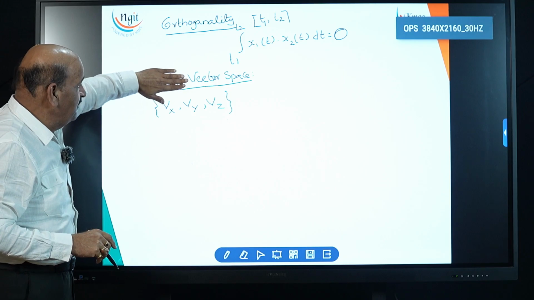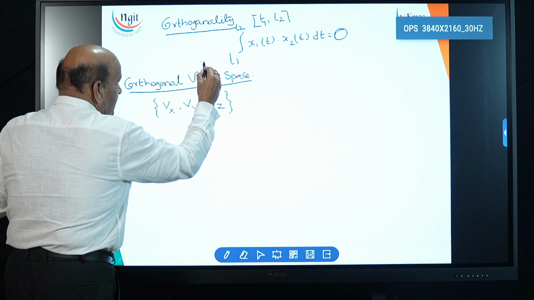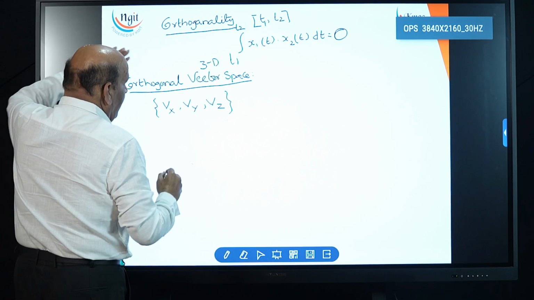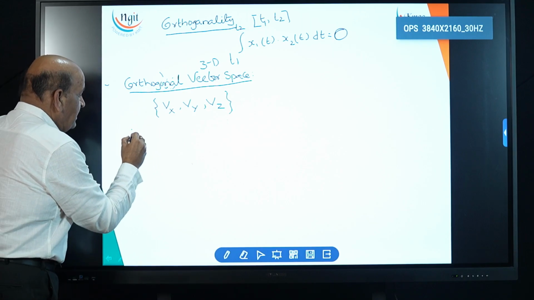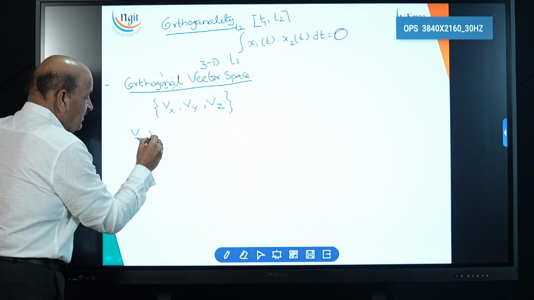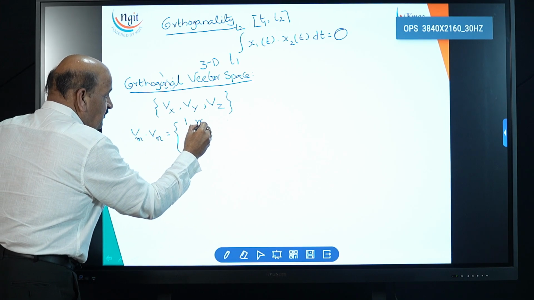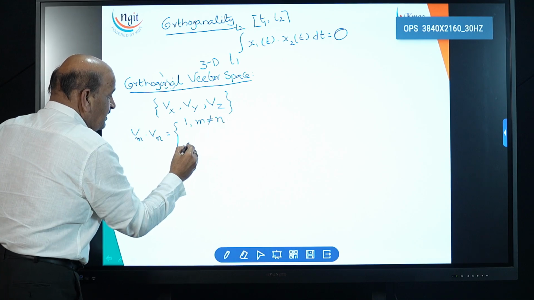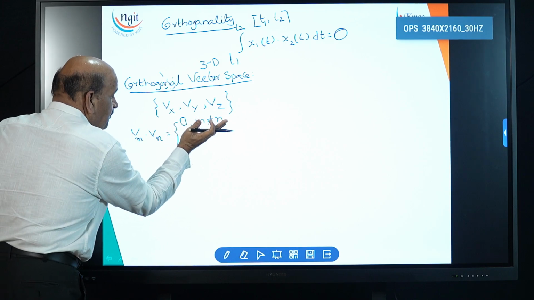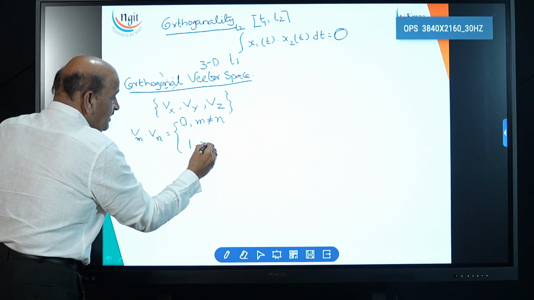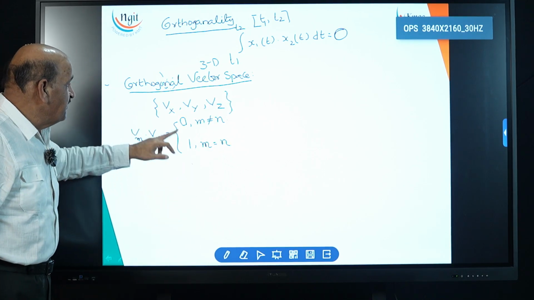Now first look at the words vector space. Vector space of which one? Three-dimensional. This is a vector space of three dimensions. All these vectors are what? Orthogonal. That means you take any two vectors, Vm and Vn. Their product is equal to 0 when m is not equal to n, and equal to 1 when m is equal to n, because of unit vectors.